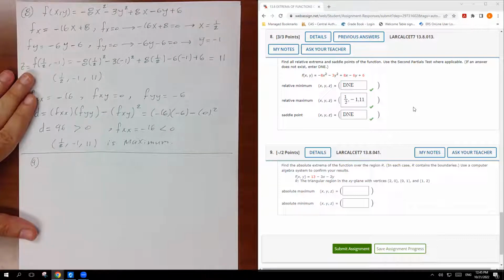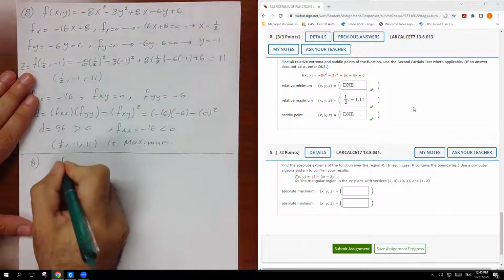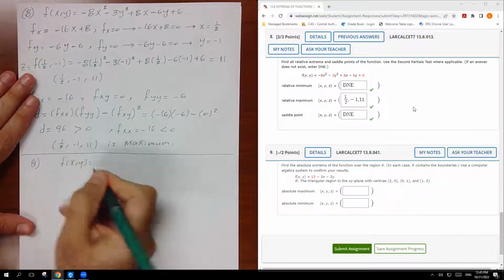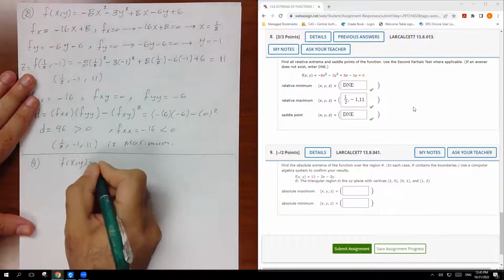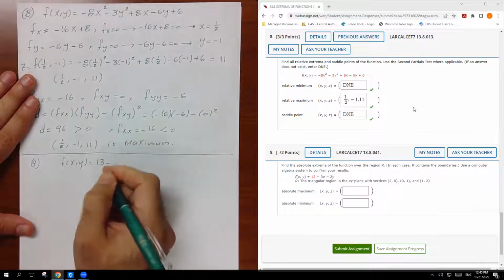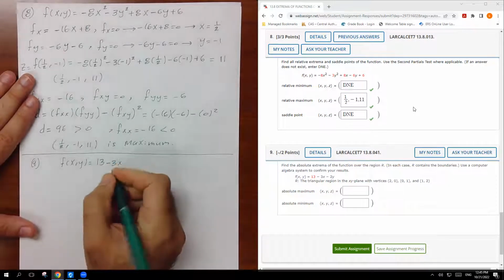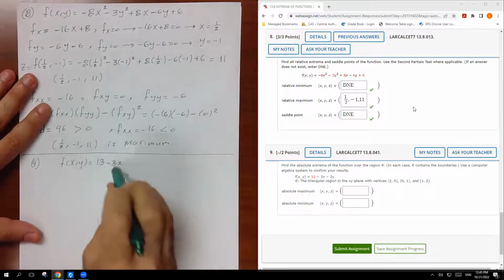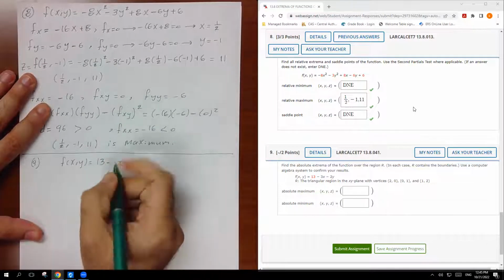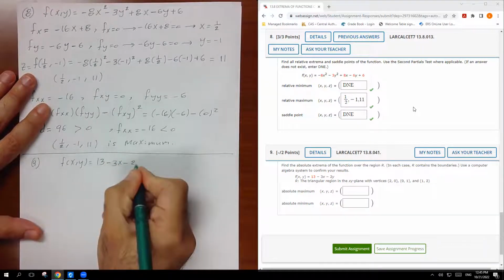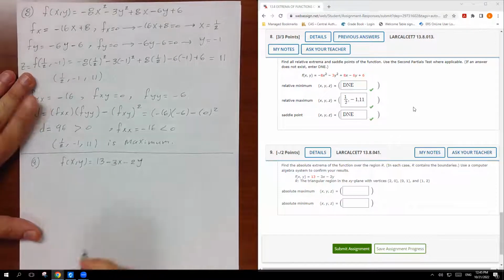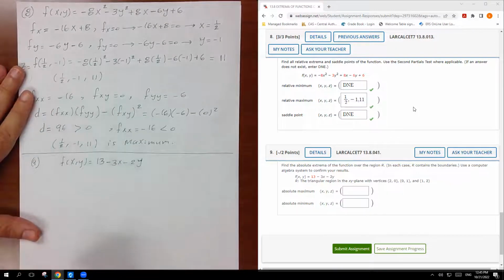Okay, here's our function: f(x,y) equals 13 minus 3x minus 2y. So here's our function, over the triangular region in the xy plane with the vertices.